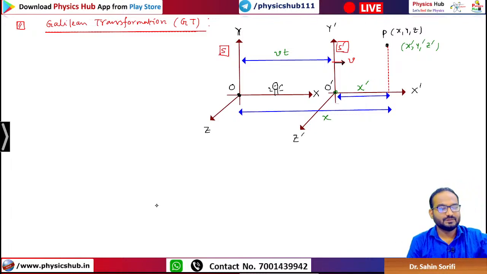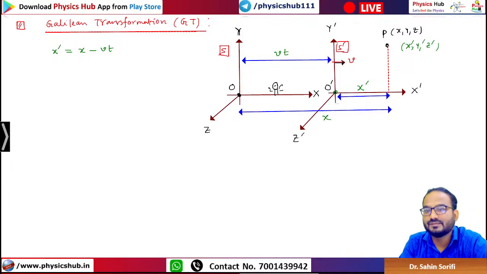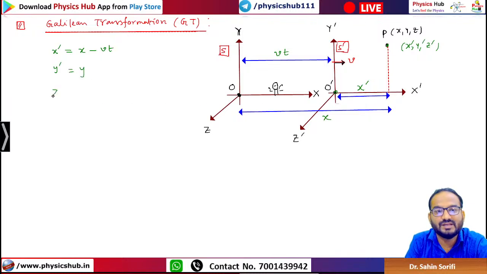So Galilean transformation gives you this idea. You can see X is equal to X prime plus Vt, or alternately you can write X prime is equal to X minus Vt. Can you write it? Now you see Y prime is the same. If you consider with respect to S, Y prime is Y. And what about Z prime?